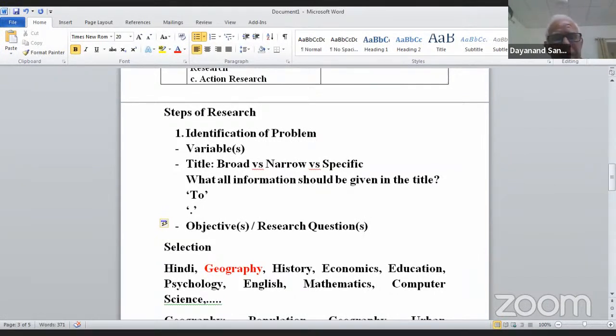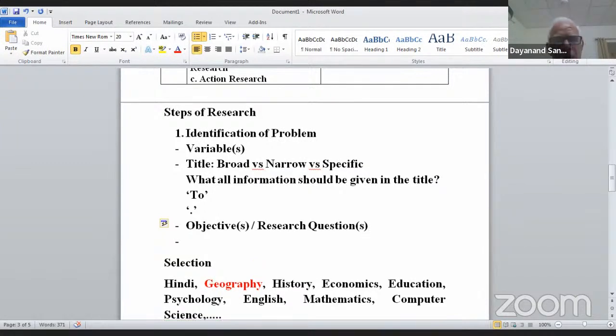Now, in one particular research, you should not write both the objectives as well as the research questions. Why? Because the meaning is the same. The change is only in writing. The question is in the question form, and objective is just a sentence. So please do not write both.